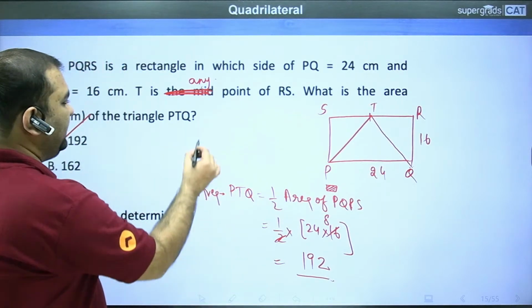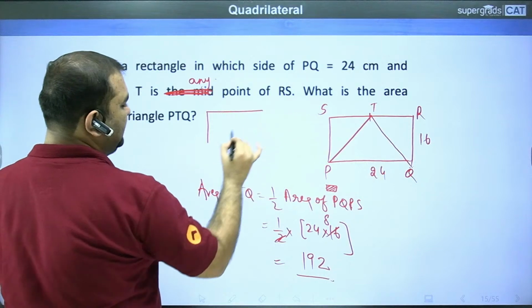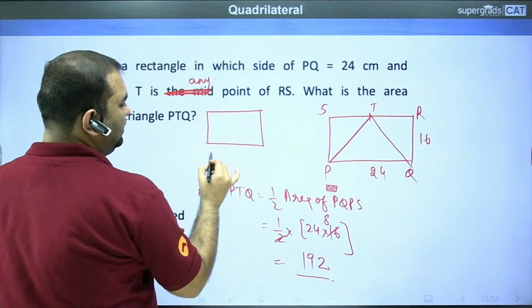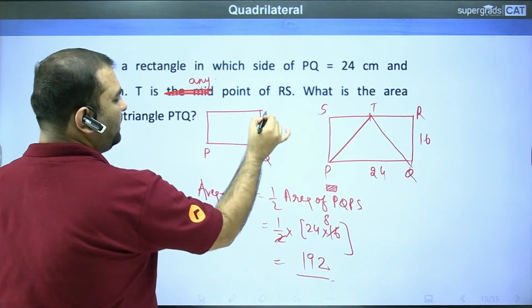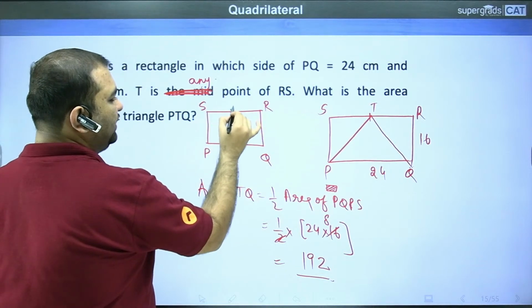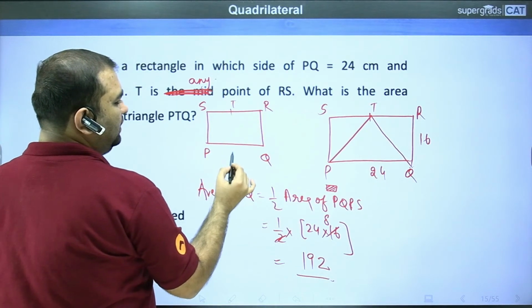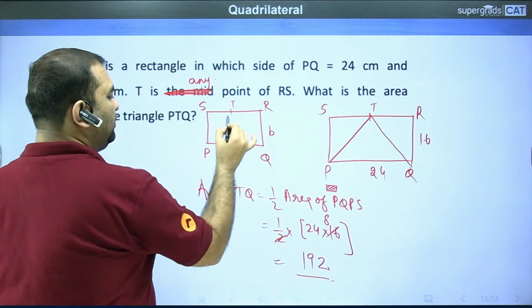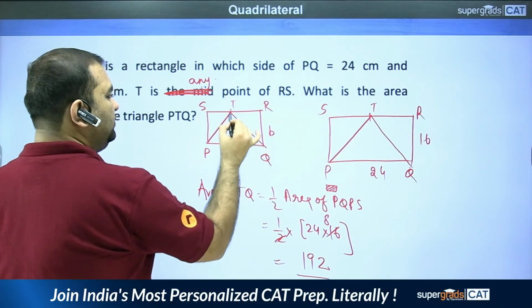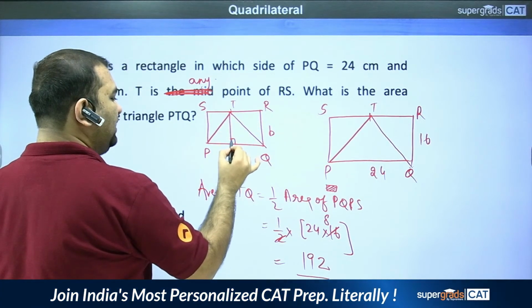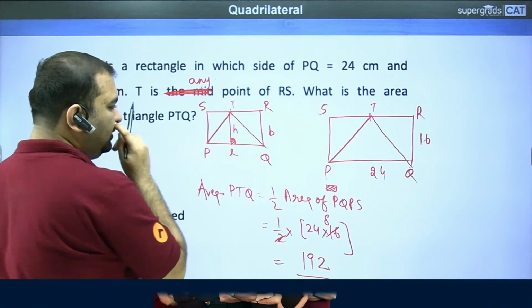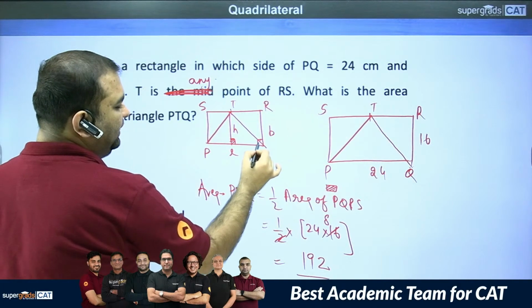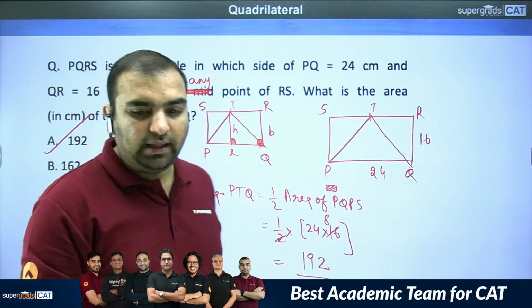The proof is very easy, I would rather say. See how to do the proof. This is the length, this is the breadth. You draw a triangle, and you might have drawn the perpendicular as well, the height. Now, this is also 90 degrees because it's a rectangle.